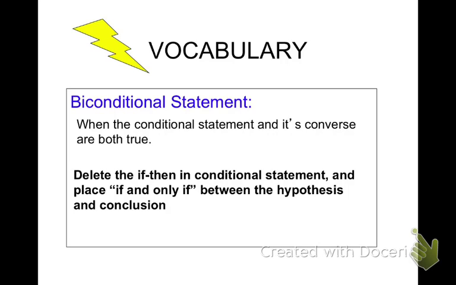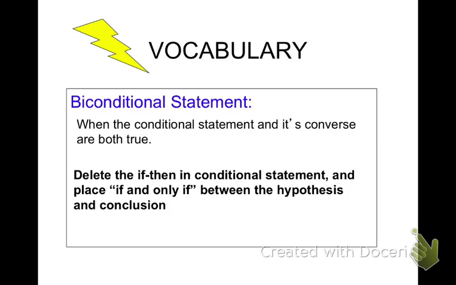You're going to delete the if, then, in the conditional statement and place "if and only if," and that's purposely in quotes because those are the words that you're going to be putting in your statement.